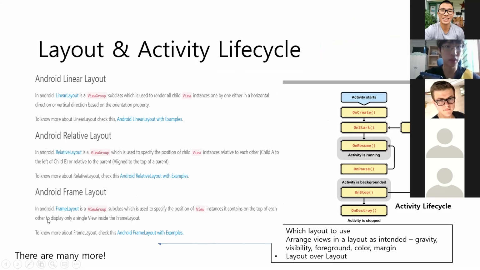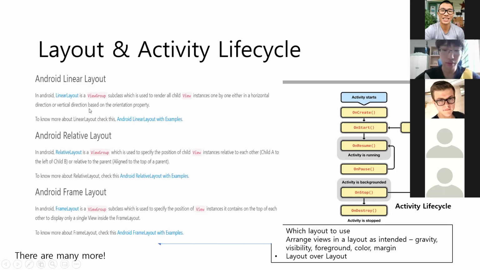Layout and lifecycle. Layout is where you will put all the elements, such as buttons, and there are various layouts, such as linear, relative, frame, and more, and each offers different advantages to the users. For example, to put buttons vertically, it would be easier to accomplish this task by using a linear layout.